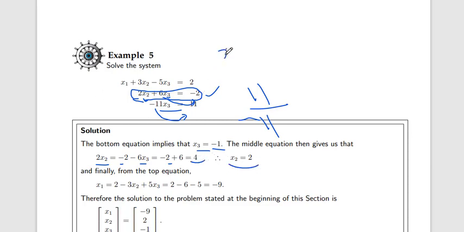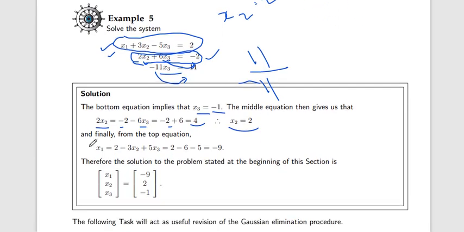So now we know the values of x2 and x3, which are 2 and minus 1. So we will put these values in equation 1. In equation 1 there will be only one unknown, it is x1. So we will get the value of x1. x1 is equal to minus 9. So the solution is minus 9, 2 and minus 1.